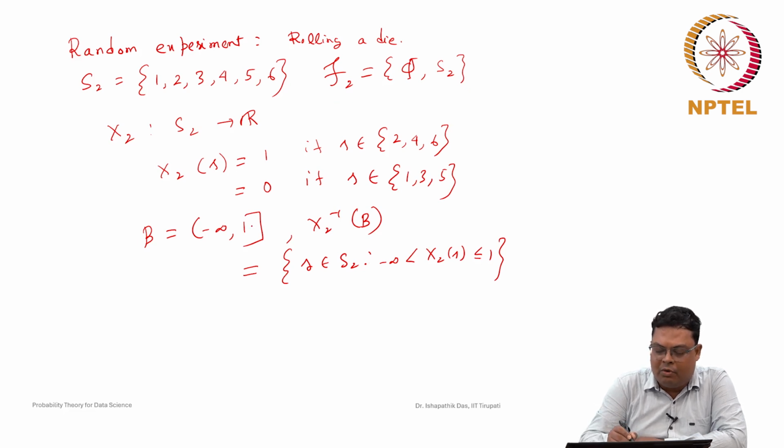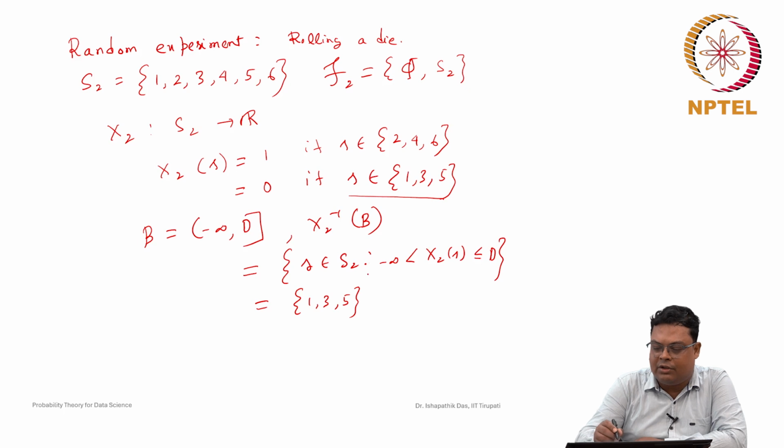Now consider B equal to minus infinity to 0. Then this is all s satisfying X2(s) less than or equal to 0 and greater than minus infinity. What are those elements satisfying this relation? X2 is equal to 0 for those values, so this is nothing but {1, 3, 5}. Is {1, 3, 5} in F2?